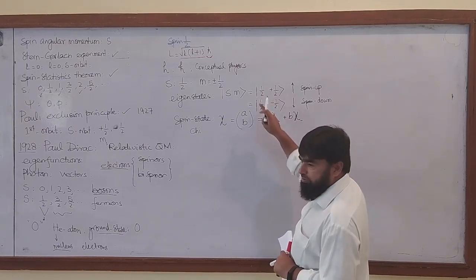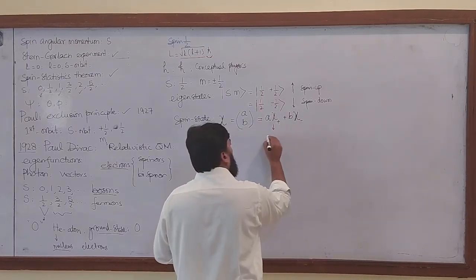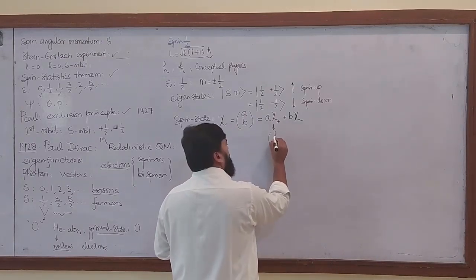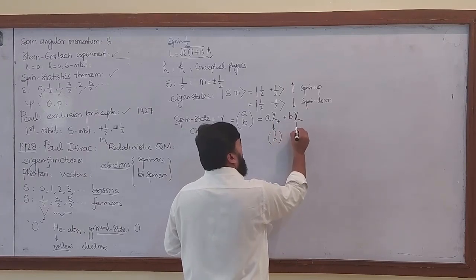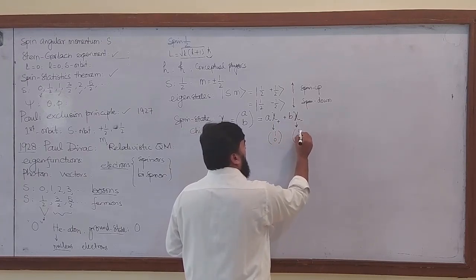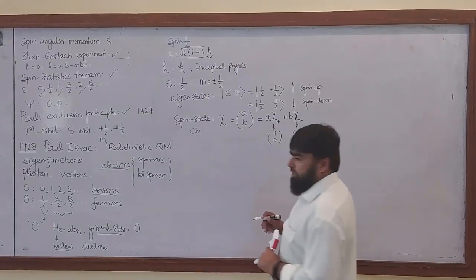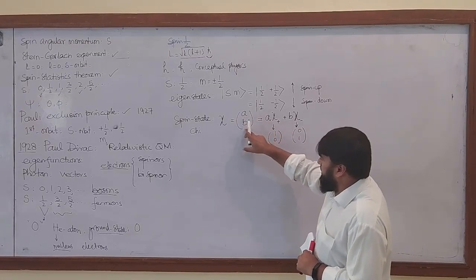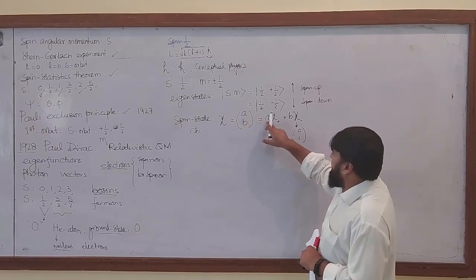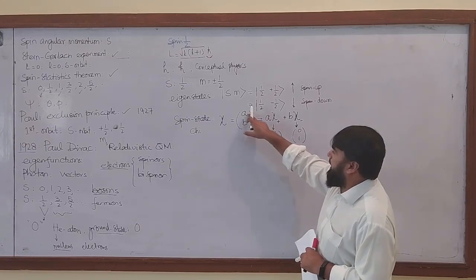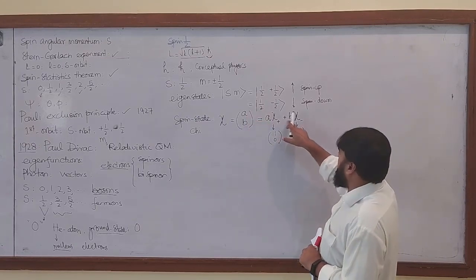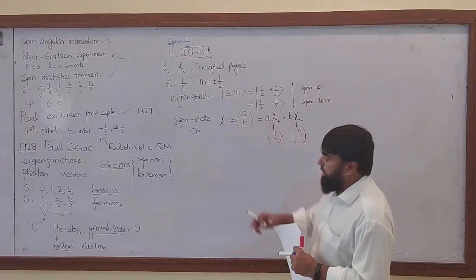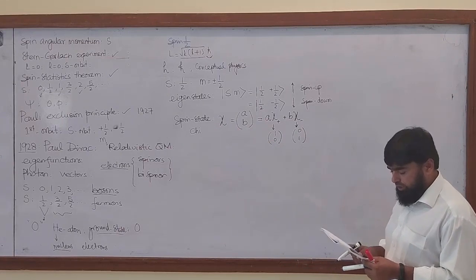So when you take out half, chi plus is (1, 0), while chi minus is (0, 1). Because you are multiplying A with this, the result should be (A, B). When A is multiplied with (1, 0), you have A here. When B is multiplied with (0, 1), you have B here. So this is the spin state.